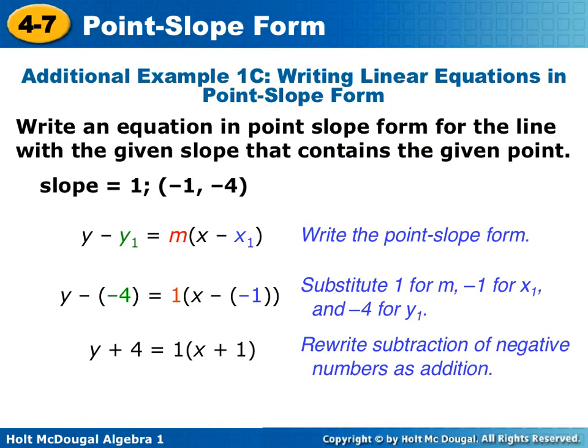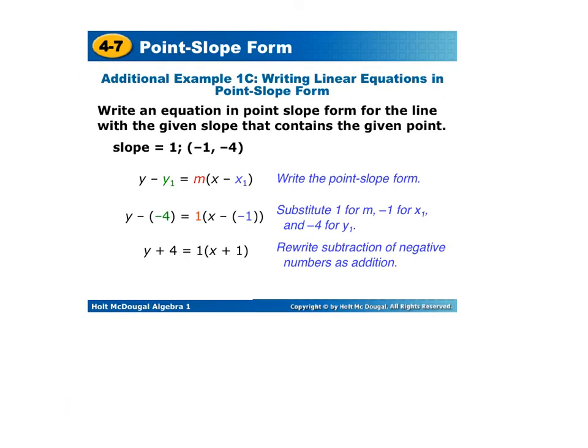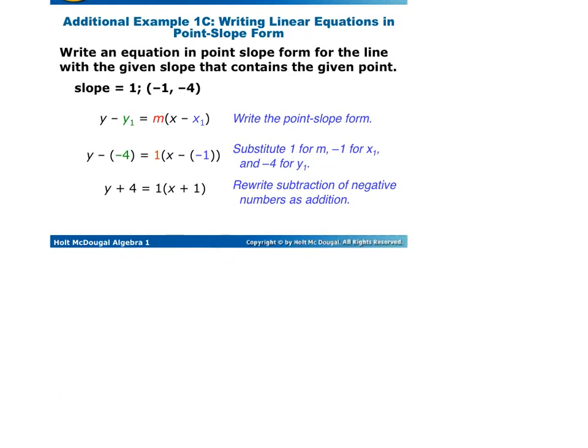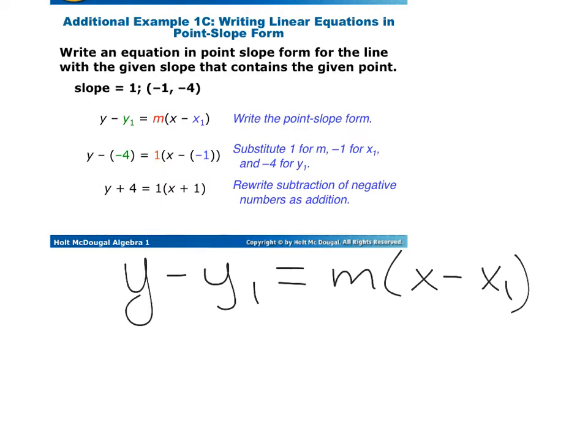All right, let's try another example. Again, we still only want point slope. So again, all we're going to do is replace the y1, the m, and the x1. So I'm replacing m, this, and this. What's my y1?